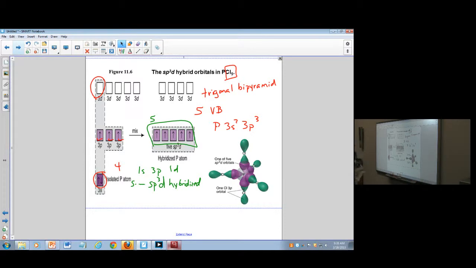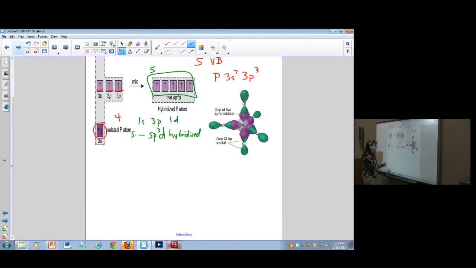I do want to say something else. What if I have an I3- molecule? When you draw the Lewis dot structure, you get 22 electrons.